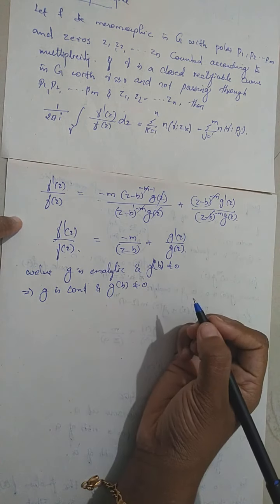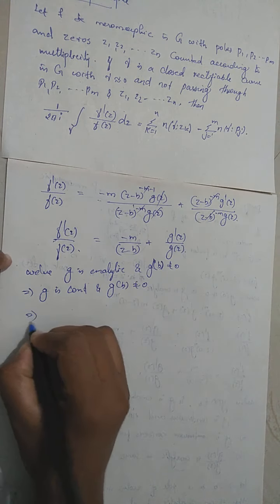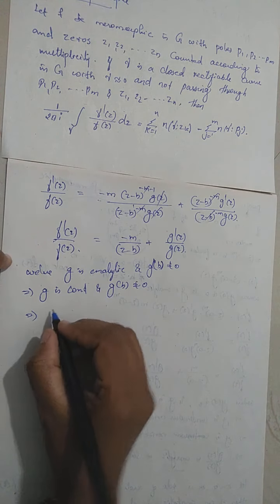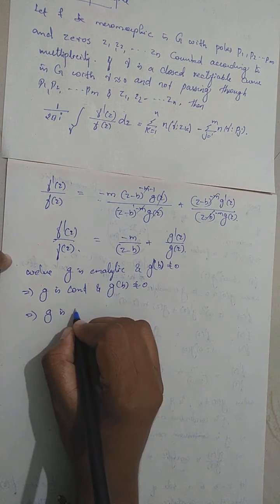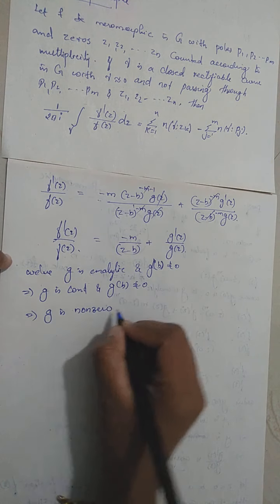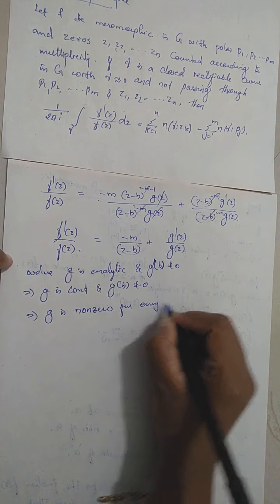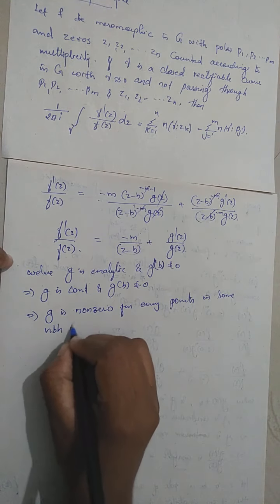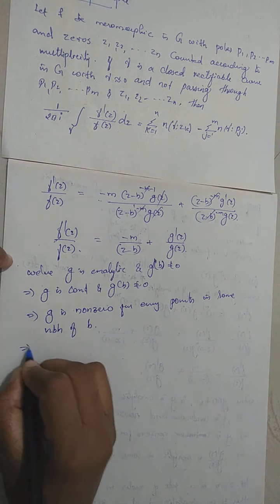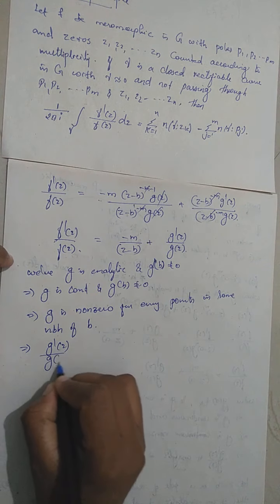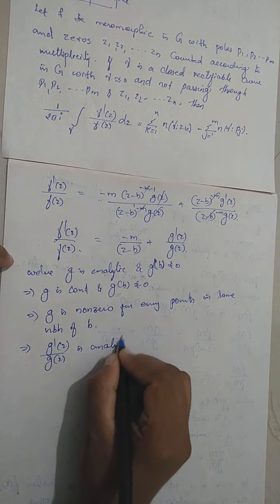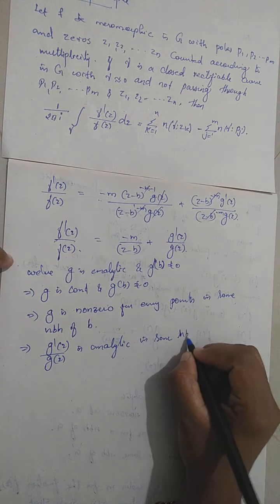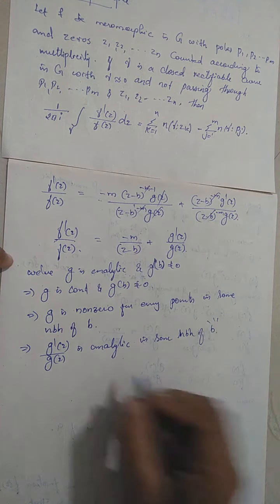When a function is non-zero at some point and is continuous, there is a neighborhood in which the function is non-zero at every point, which means g is non-zero for every point in some neighborhood of b. So this implies g dash z divided by g z is analytic in some neighborhood of b. Okay, so we got this.